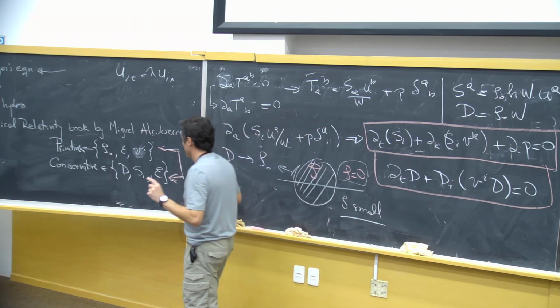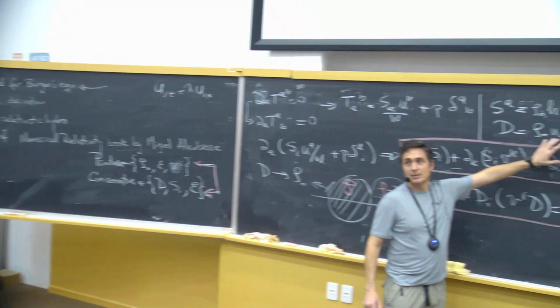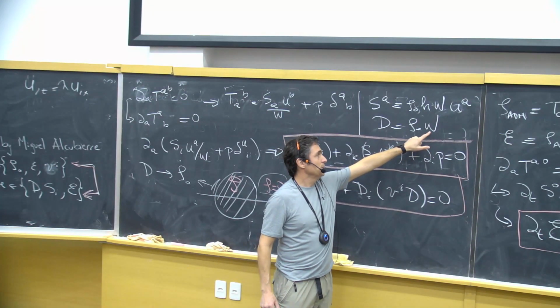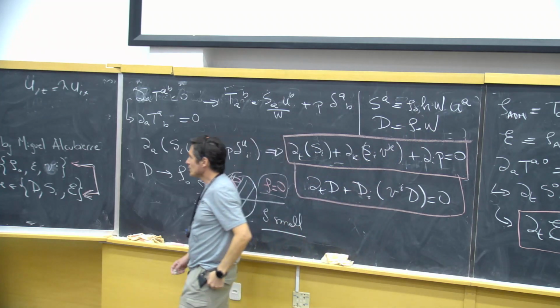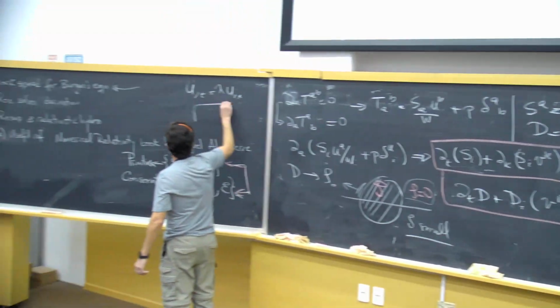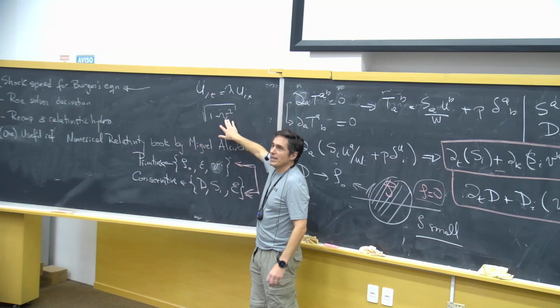Because what typically happens is you may have places where truly, because of discretization errors, let me give you a simple example. Suppose you want to go from W to V, we can do this exercise tomorrow. At some point, you're computing things like 1 minus V squared. You are in a place where the fluid is at rest. Okay, that's fine, no problem.